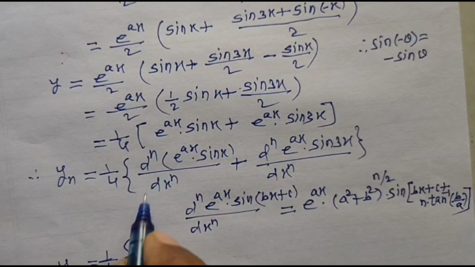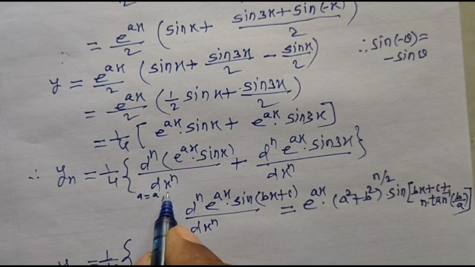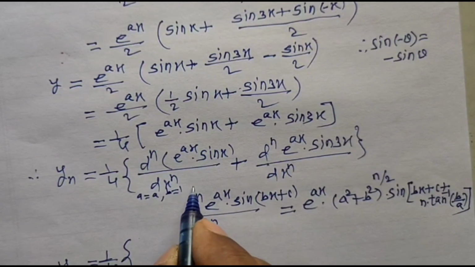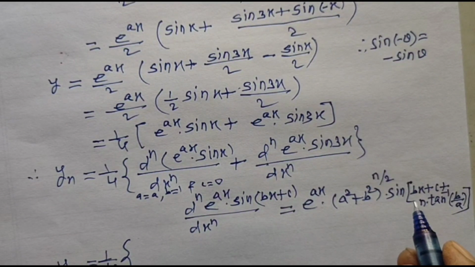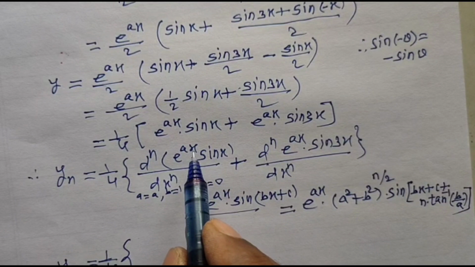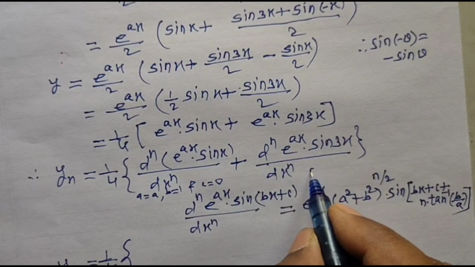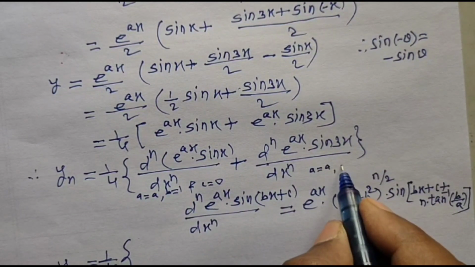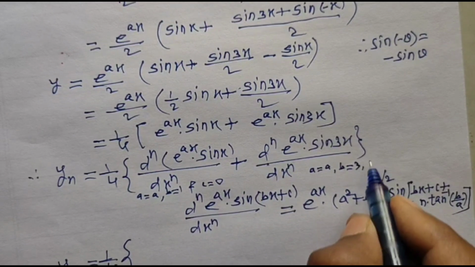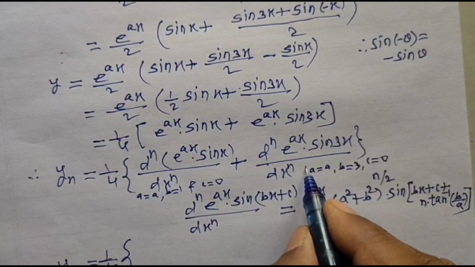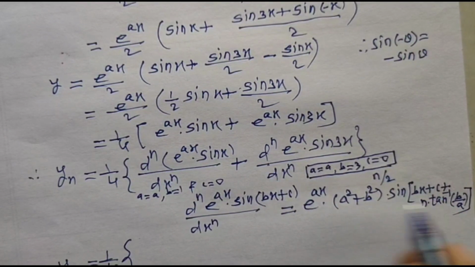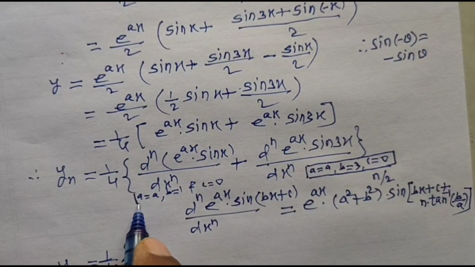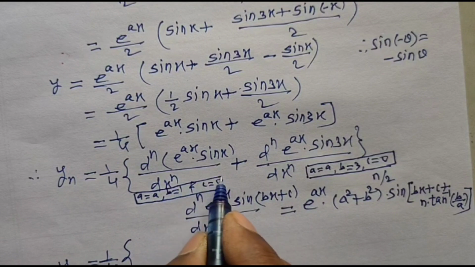Put these values on the right hand side of this formula, that gives the nth derivative of this. And here a is a as it is, b is 3 and c is 0. Substituting these values on the right hand side of this formula gives the nth derivative of the given function.